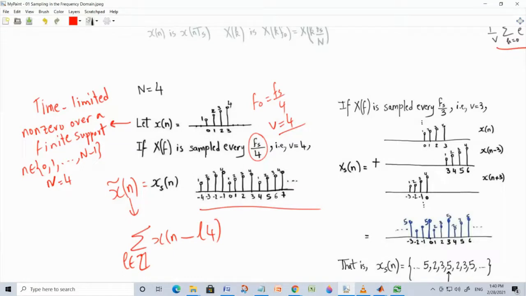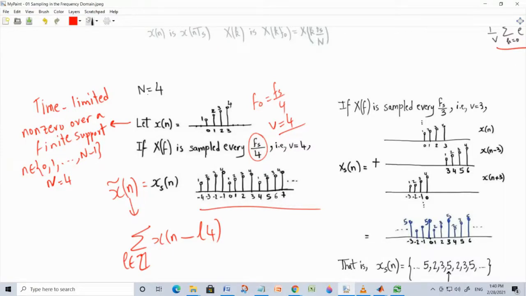When you make v equal to N, if your signal is time limited, it is non-zero only from 0 to big N minus 1. If you choose v to be equal to N, what is the impact of sampling the DTFT?